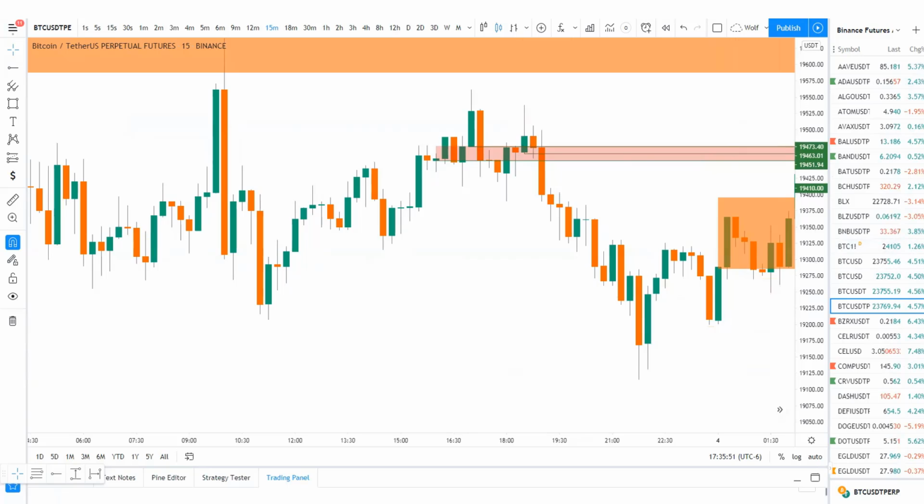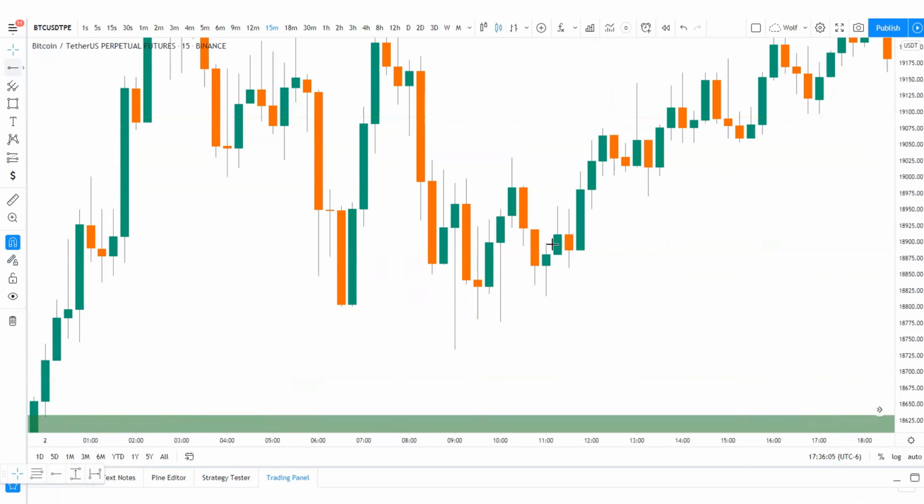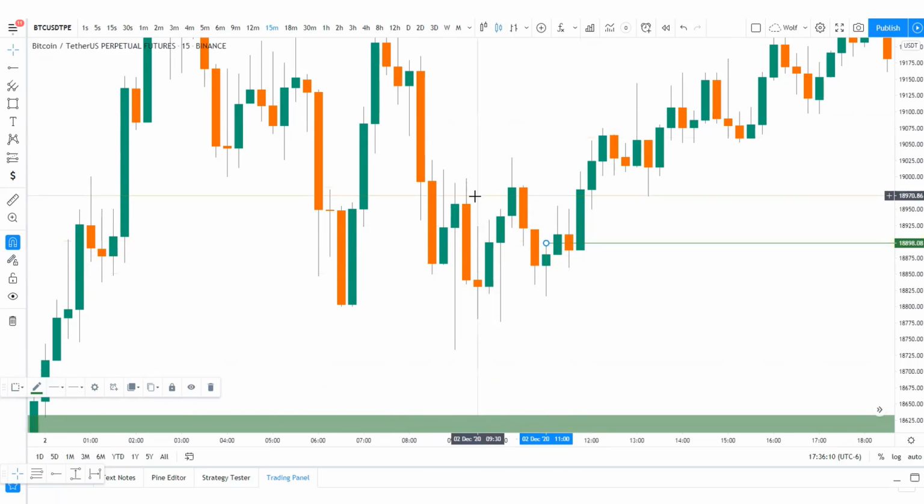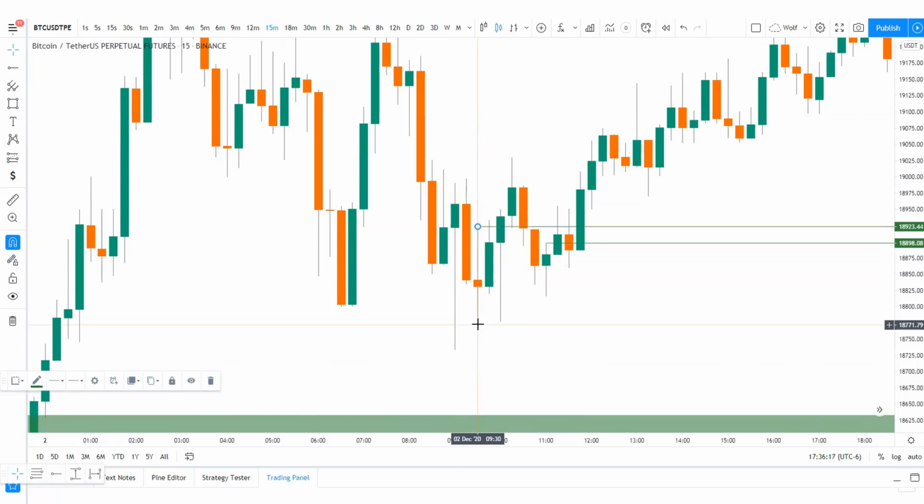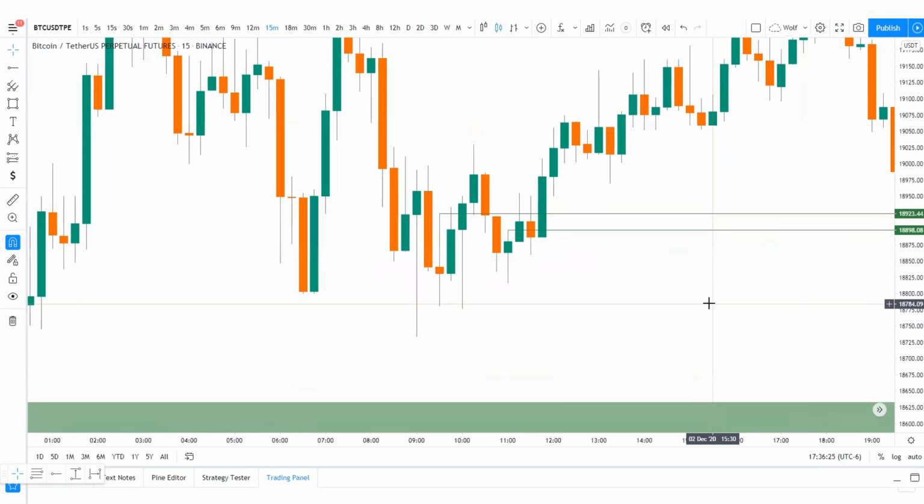For a good example here, I'm going to mark this off. This is the lowest point in this swing low. I'm also going to mark this off because it's kind of like a double dip little swing here. So I'm grabbing the two lowest ones.